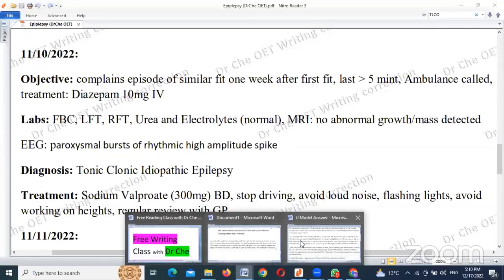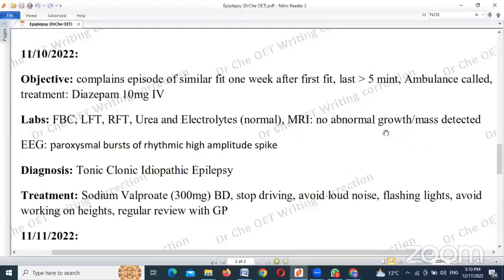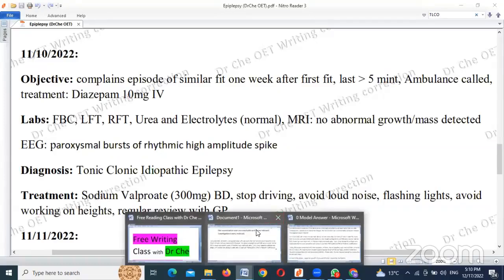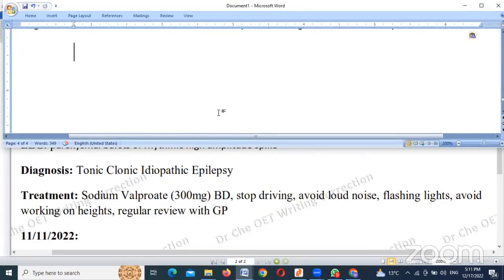Then we will see that her blood investigations and MRI were normal. So we can put the normal things together. Instead of writing her FBC, LFT, RFT, urea, and electrolytes were normal, and MRI showed no abnormal growth or no mass was detected. Okay, if we make it wordy, we can write like this. Let me try here.